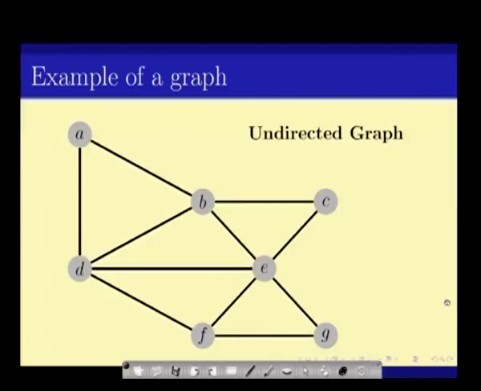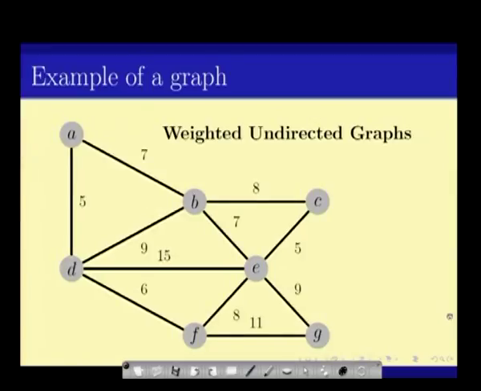Here I have the set of vertices, and then I have these edges: ab, bc, and so on. So ab is an edge in this set E, bc is an edge in this set E, and so on, but since there is no edge between a and c, ac is not an edge in this graph.